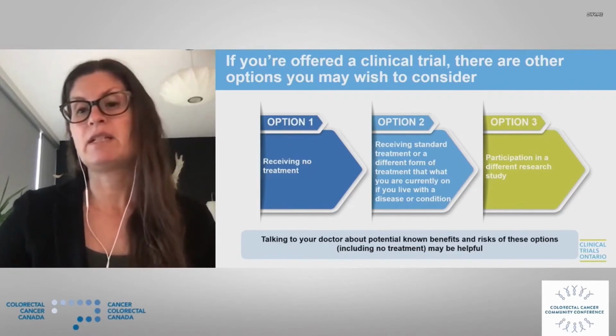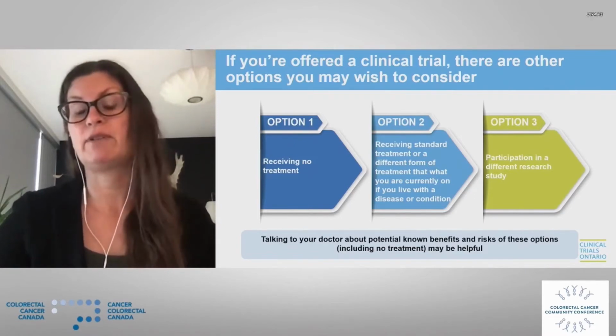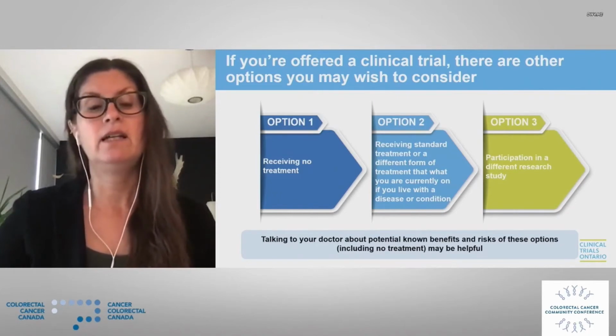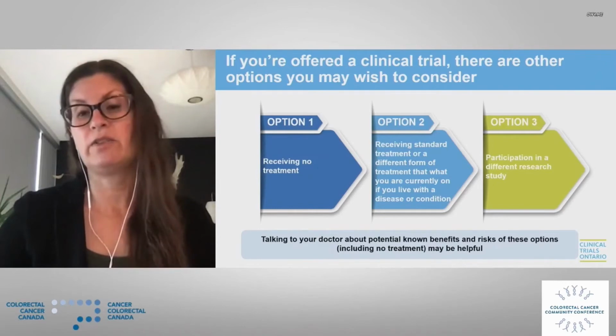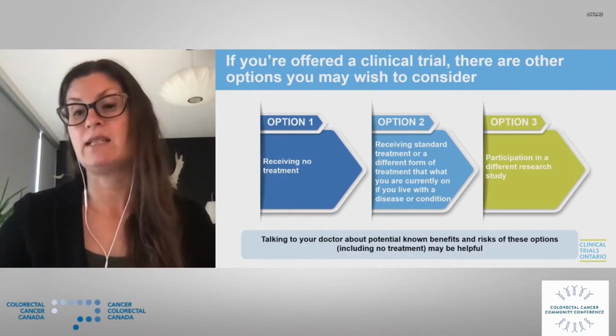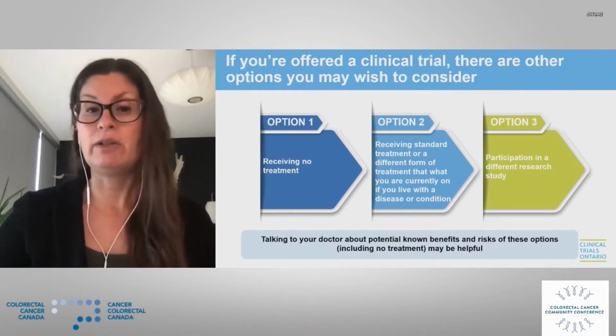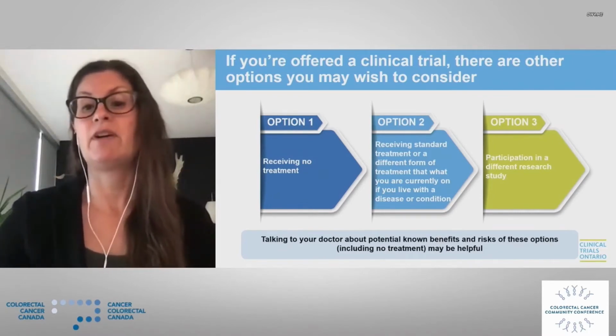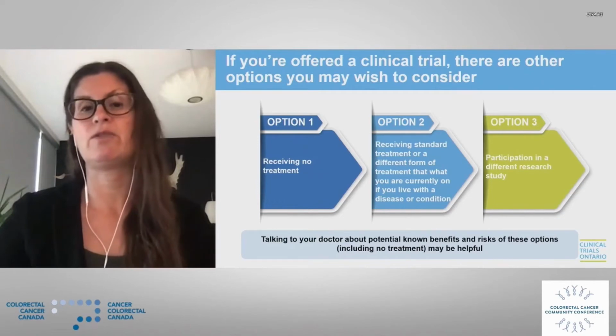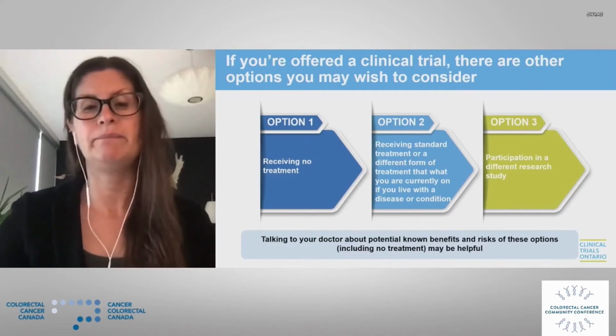And the third option might be participating in a different research study altogether. What I can share with you is you should talk to your doctor about potential known benefits and risks of these options, including no treatment, and that hopefully will help you make a very personal decision about a clinical trial or another option.